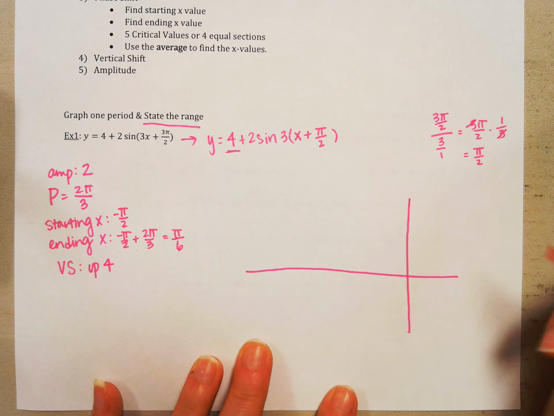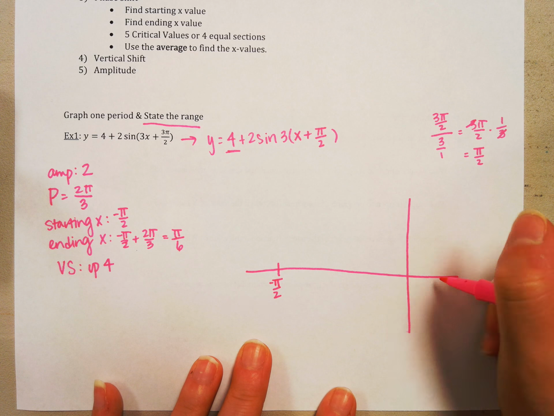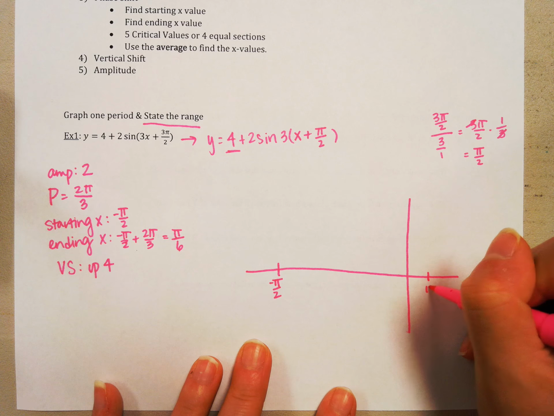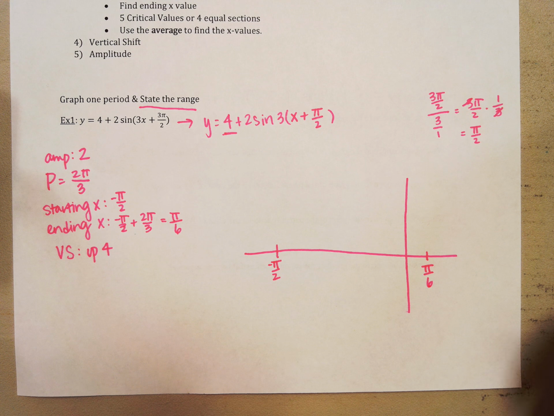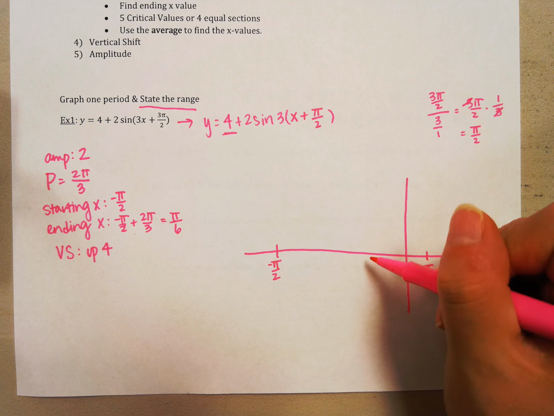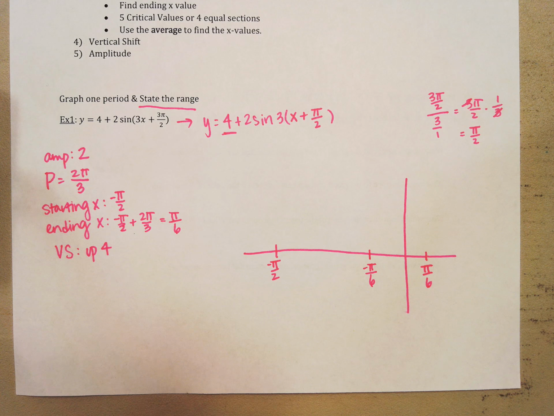Okay, so we're starting over here at negative pi over 2. And we're going to end at positive pi over 6. So when we find the averages between those, I'll do negative 1/2 plus 1/6 divided by 2, and then find the fraction for that, and you get negative 1/6. So negative pi over 6 ends up being here.